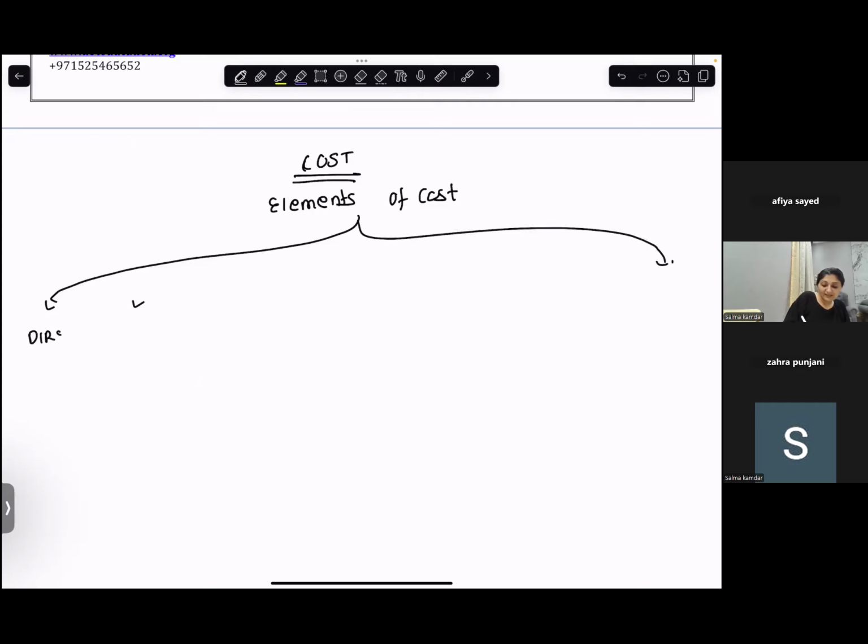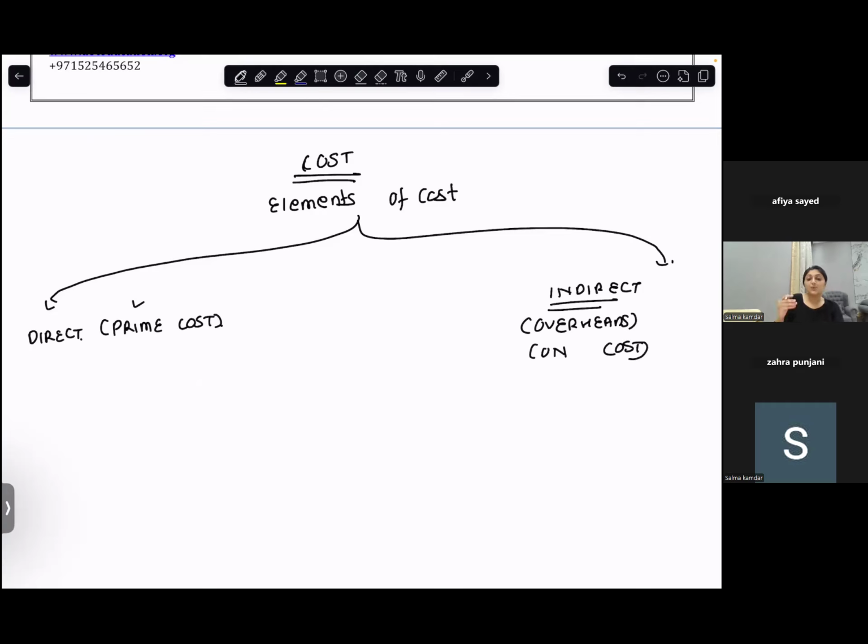The first part is direct, or I would say it is which cost? Prime costs. And the second part is indirect. Indirect is also called what? Overheads. Or it is also called overhead cost.